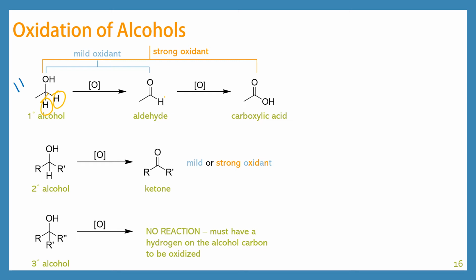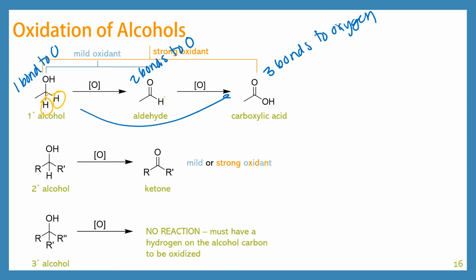Our primary alcohol has 1 bond to oxygen, our aldehyde has 2 bonds to oxygen, and our carboxylic acid has 3 bonds to oxygen. So overall, we are having a +2 change of bonds to oxygen, and that's because we have these 2 hydrogens. Also notice the aldehyde has this 1 hydrogen, which means it could be oxidized 1 step further to give you 3 bonds to oxygen.